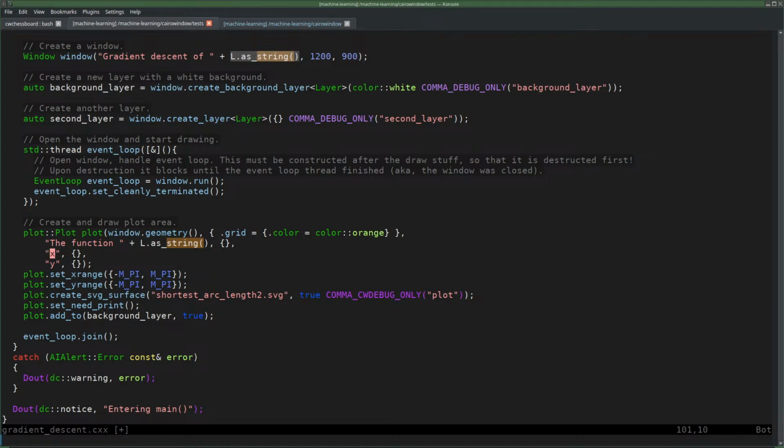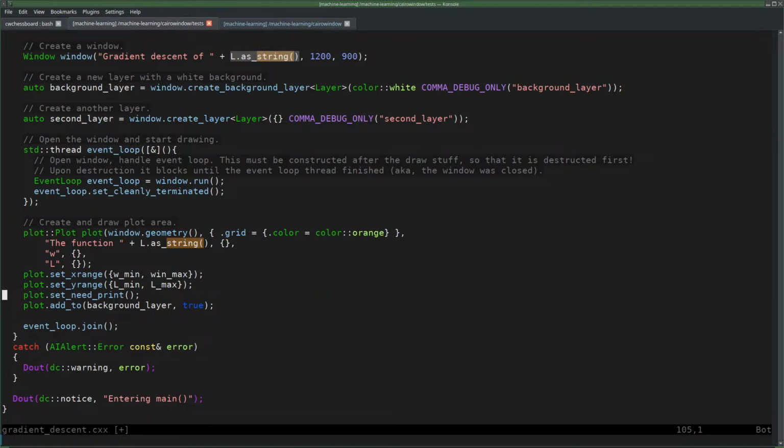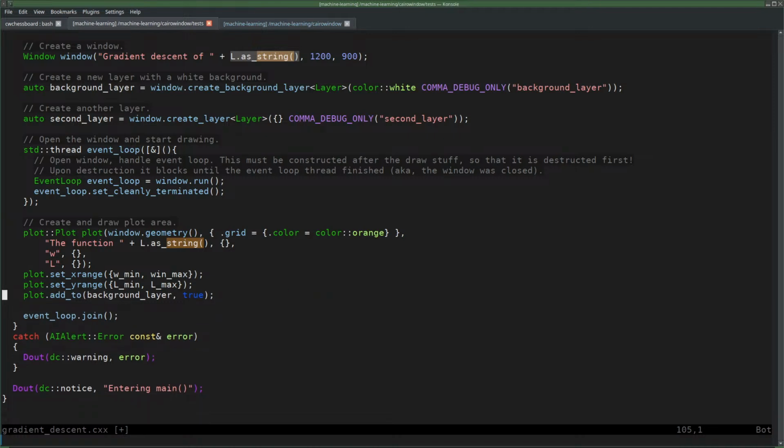Yeah, this is then W and this is L. That's what I'm going to print. And then X range means W min till W max, and L min till L max. No printing. Add the plot to the background layer.